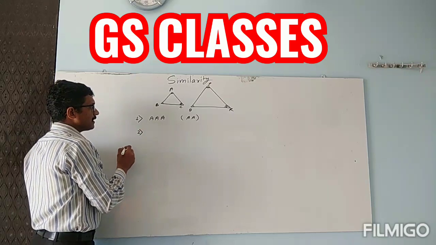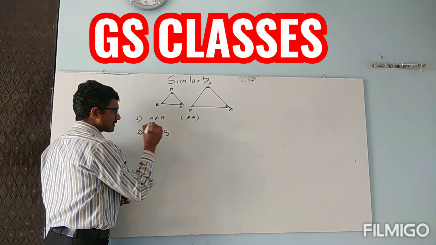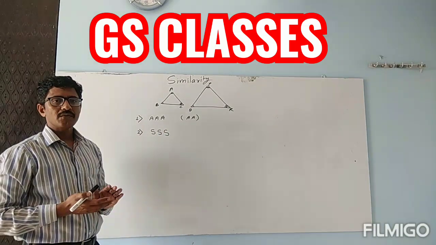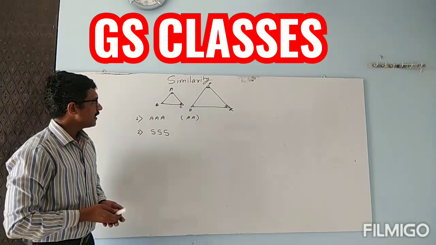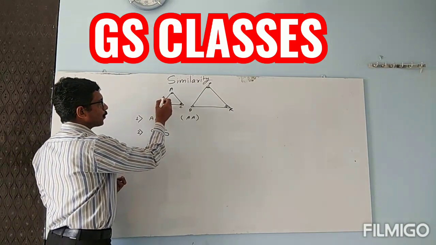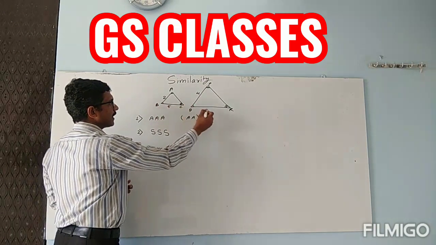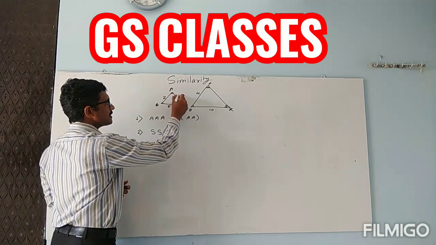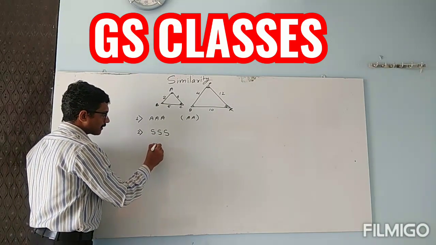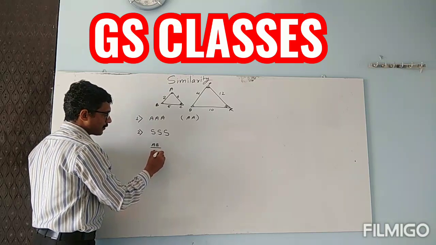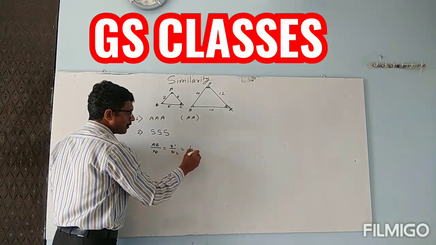Second condition, that is SSS. What is that criteria of SSS? Children, suppose this side is 2, this is 4, this is 5, this is 10, this is 6, this is 12. Now if I write AB upon PQ, the answer will be 1 upon 2.